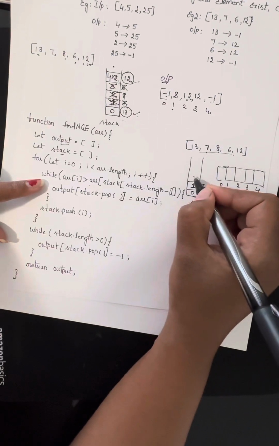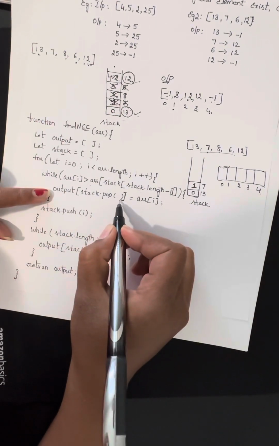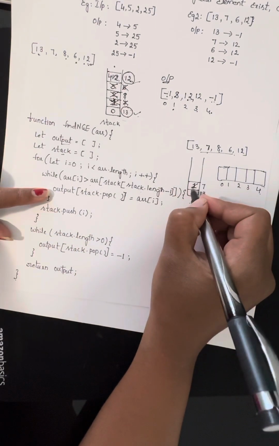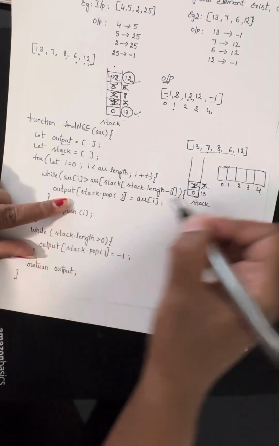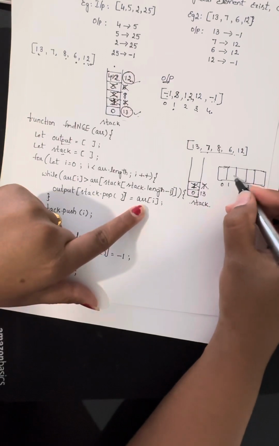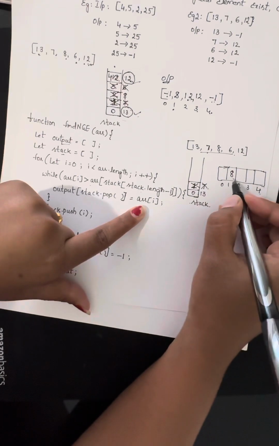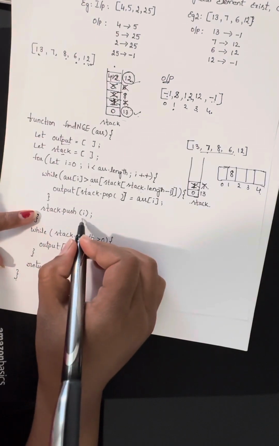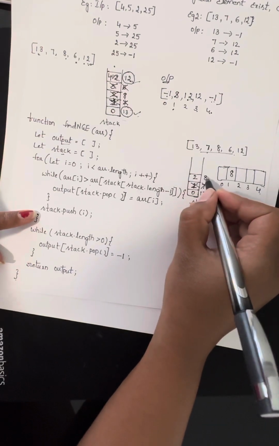It is greater, so we do stack.pop, pop this out, and in the output at index 1 we put array of I, which is 8. So at 1, the next greater element is 8, and then we push the current I, which is 2, to the stack. So at 2 we have 8.